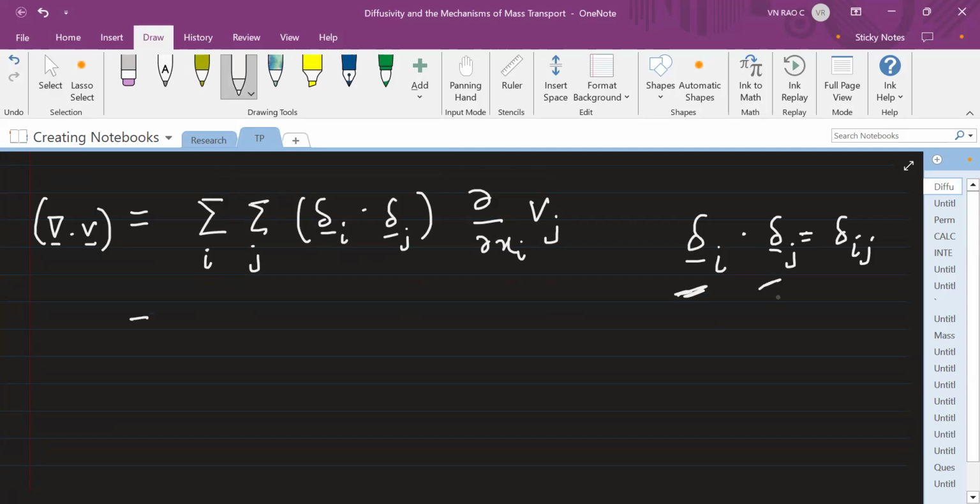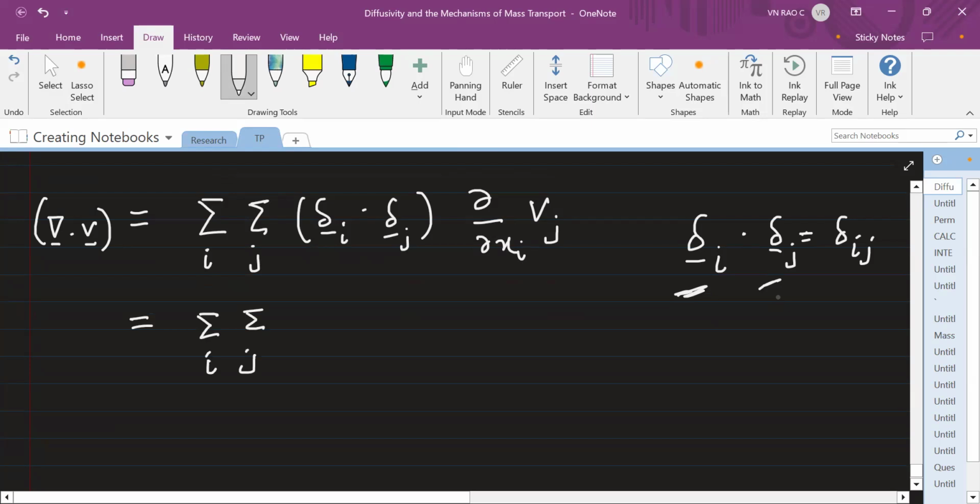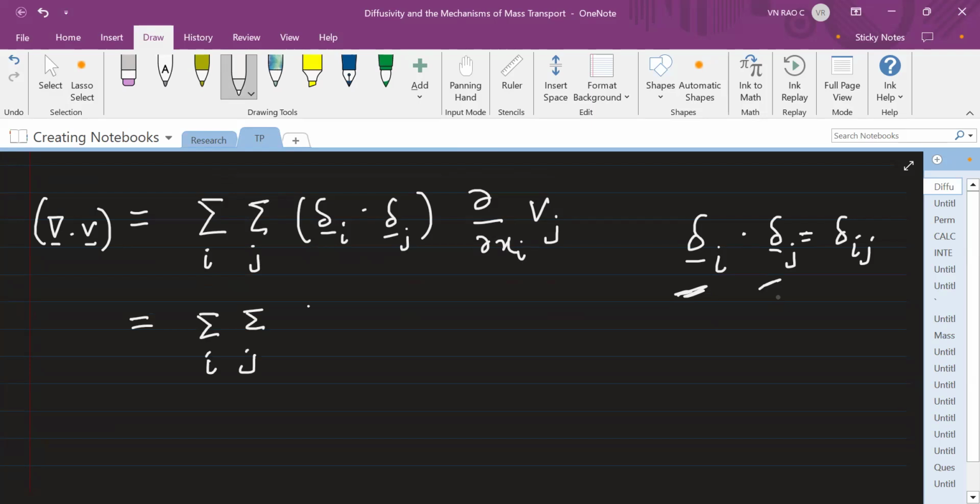So how do you write this? Now this becomes a scalar delta ij, tau by tau xi, vj. I hope this is clear to you, so you better understand how they are written, which can be applied to any type of vector.